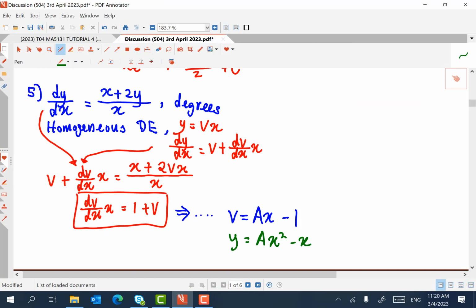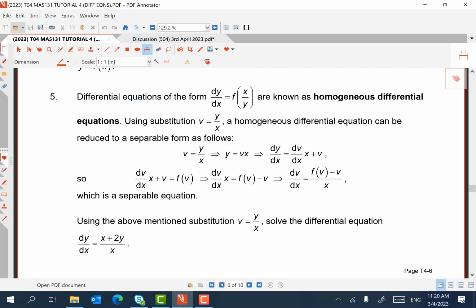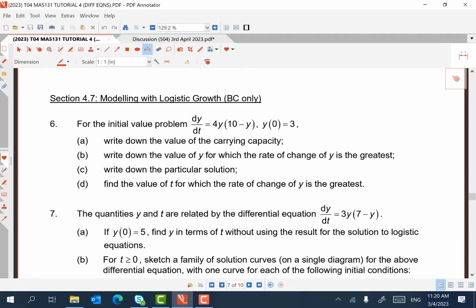A homogeneous equation has its behavior. Anybody needs more help to get to the answer? Okay, if not, let's progress to number 6.